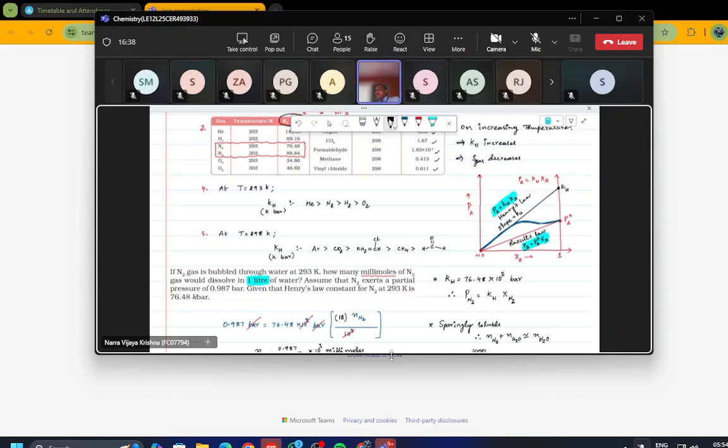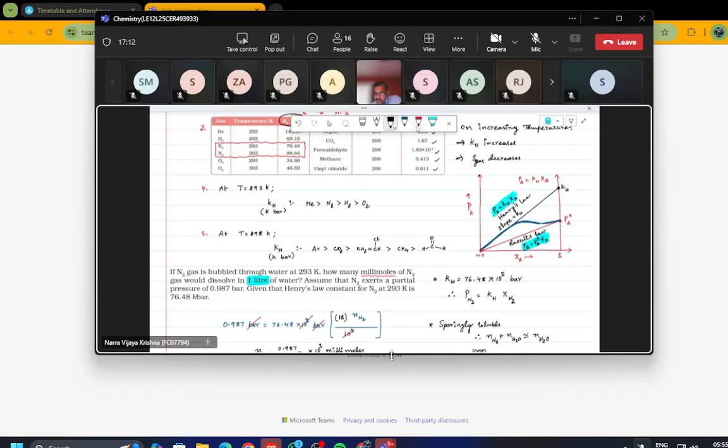The mole fraction of gas present in the liquid. So the amount of gas present in the liquid is approaching 1. What is the meaning of it? Total gas is now liquid only. If the total gas is now liquid, then is Raoult's law applicable or Henry's law applicable? KH approaches PA naught; PA naught will never approach KH. Are you able to understand? Any questions?